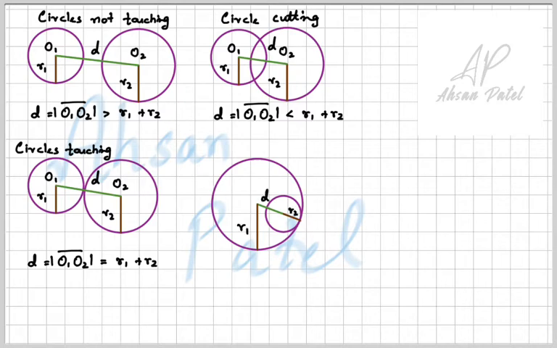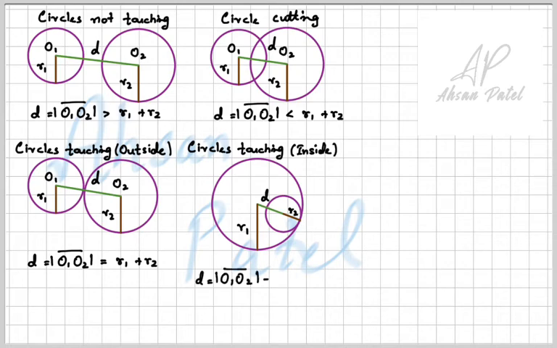So we can see that radius 2 is lesser than radius 1 and the distance between the centers can be found out by subtracting the radii, because R2 starts from here and R1 starts from there. So the distance between the centers can be found out by subtracting the radii. Putting a mod will give the surety that it is positive.